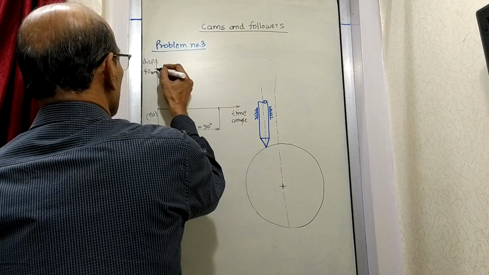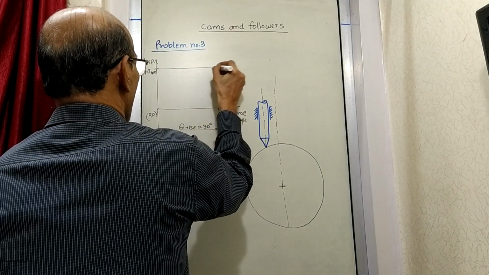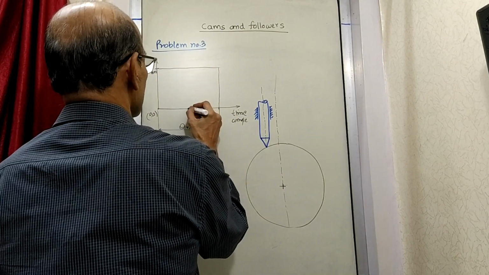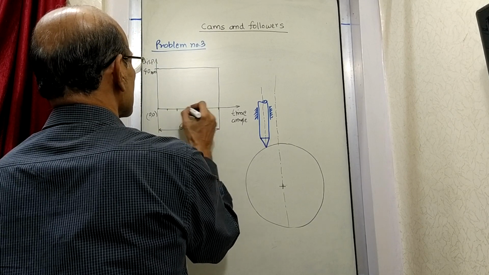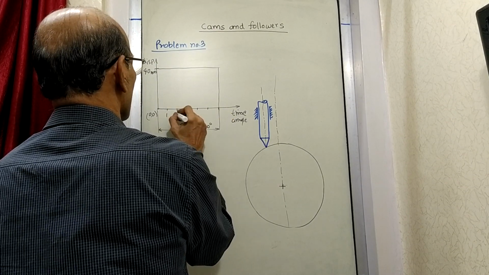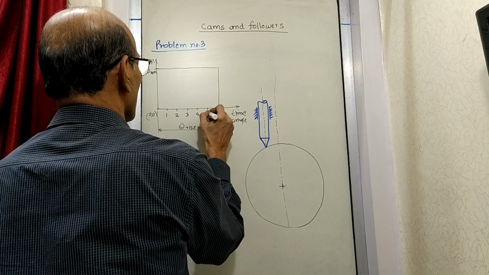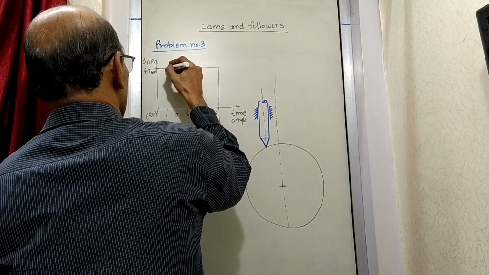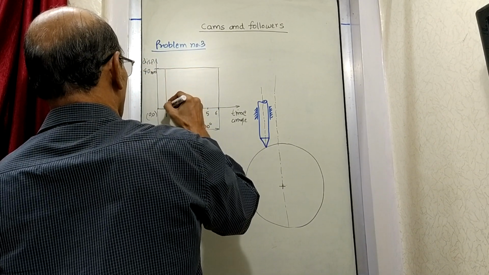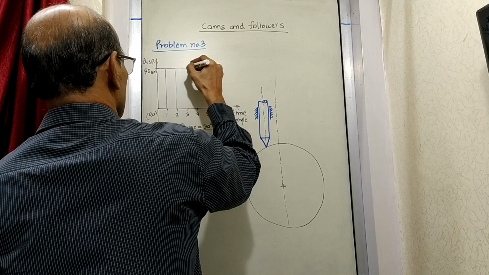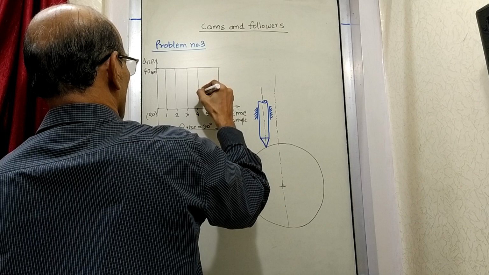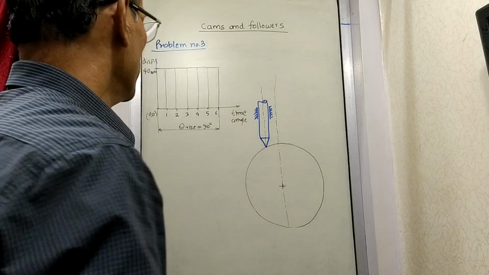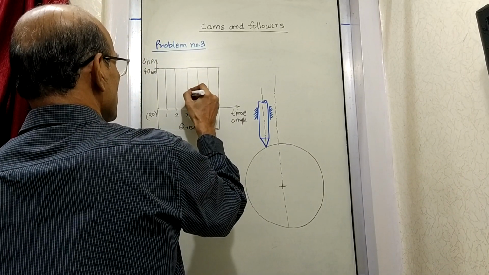Now we do that, then we draw the grid. This is the grid that is drawn. We divide this into an equal number of parts, like 6 parts. Six parts are there. Now we draw the vertical lines. Then what we do is, this middle line we divide into 6 parts.